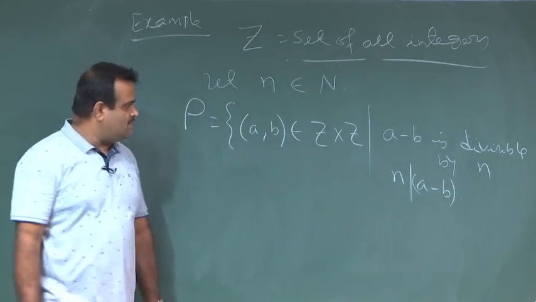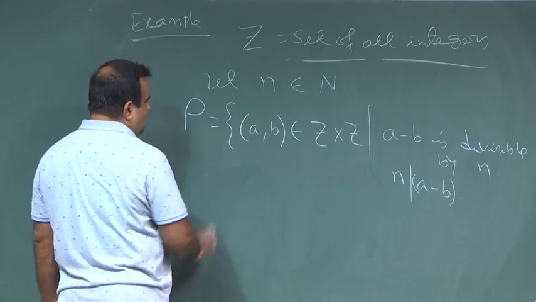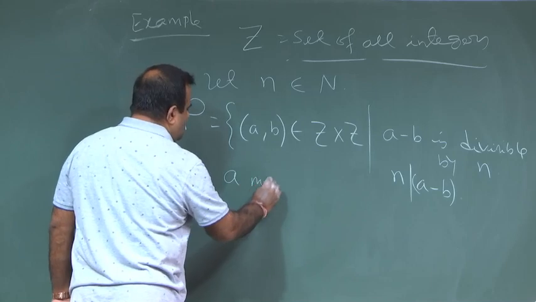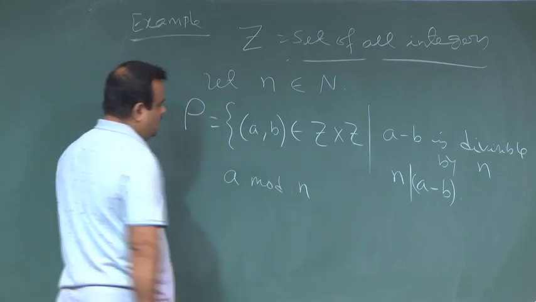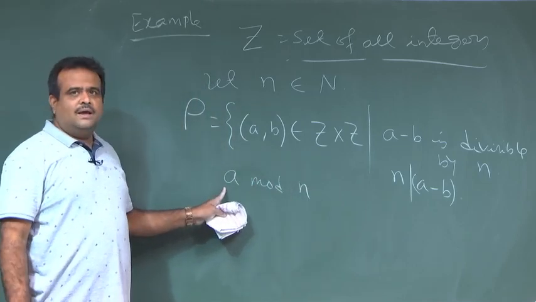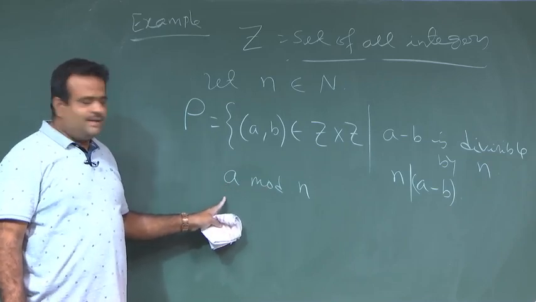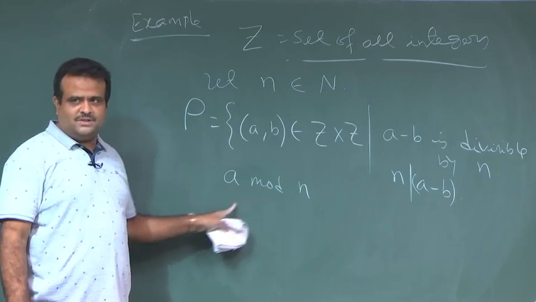So, that means what? If a is an integer, then what is a mod n? A mod n means we divide a by n, and this will be the remainder basically.